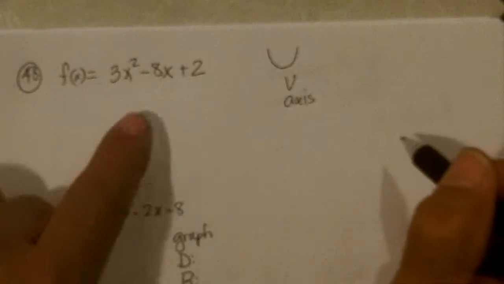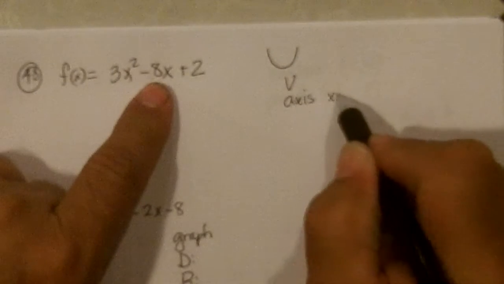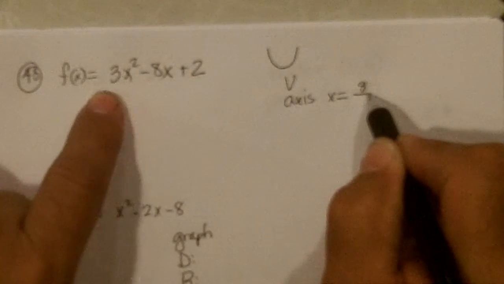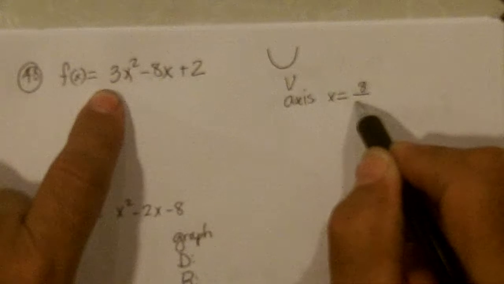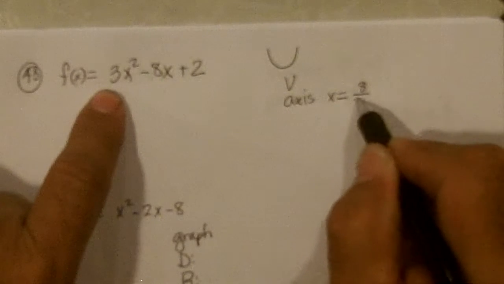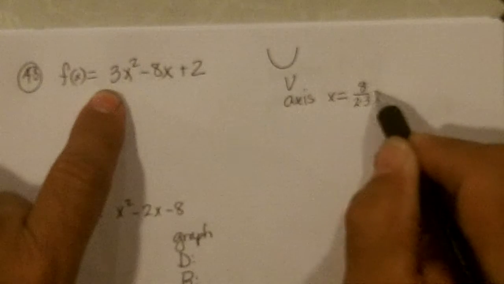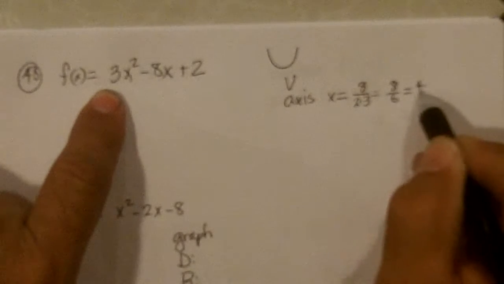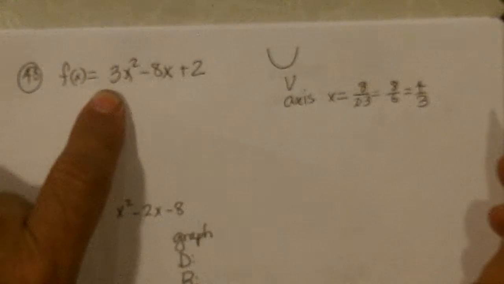Well, the axis of symmetry would be x equals the opposite of b over 2a, that would be positive 8 over 2 times 3, which is 6, so I get 8 sixths or 4 thirds.